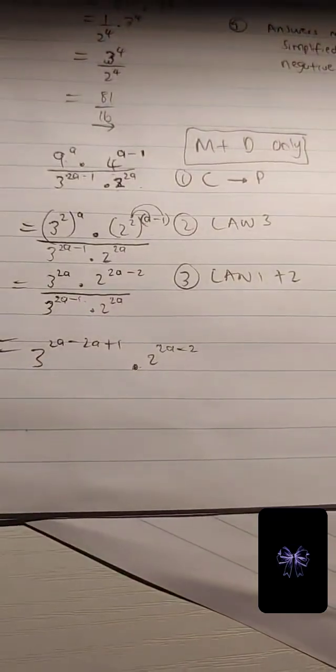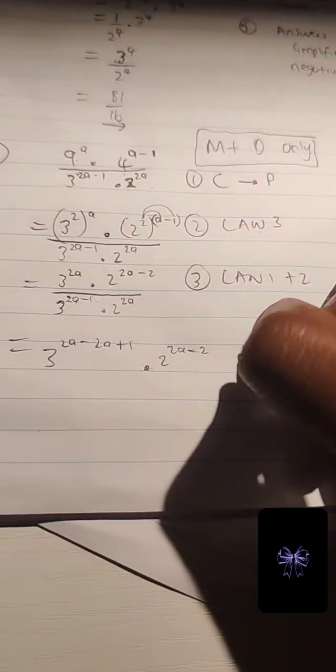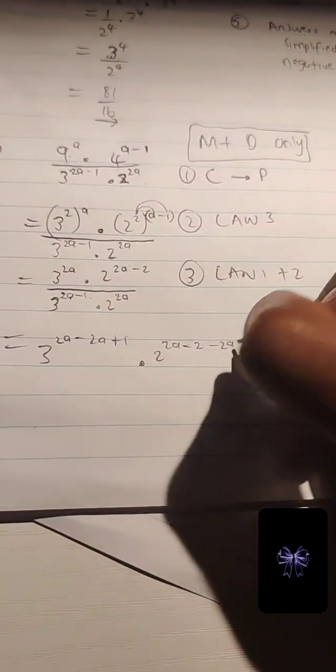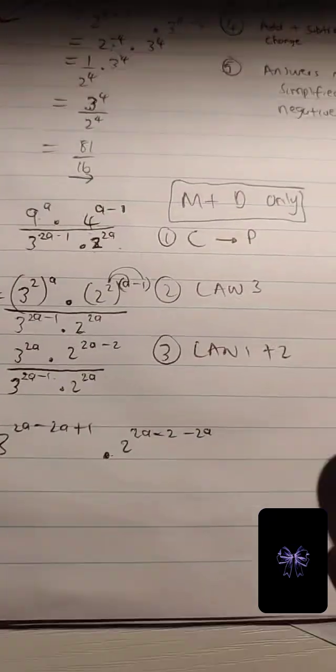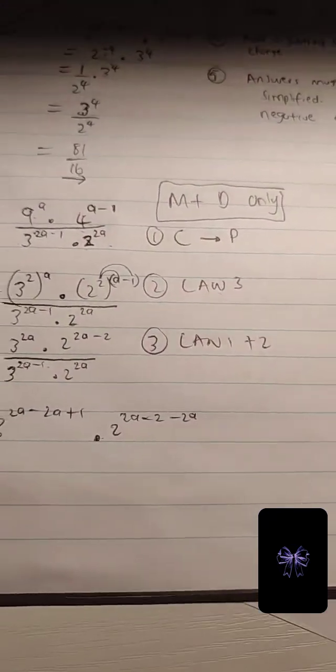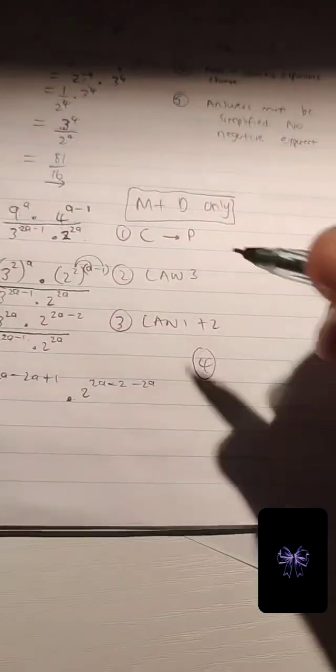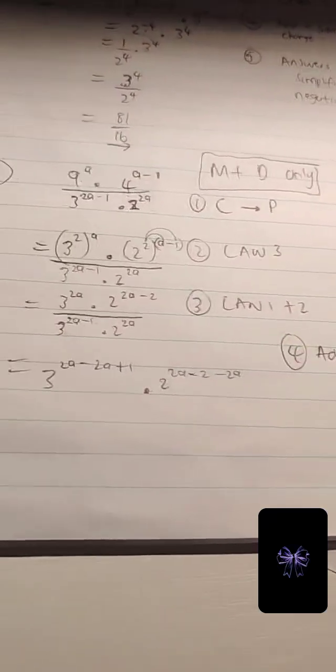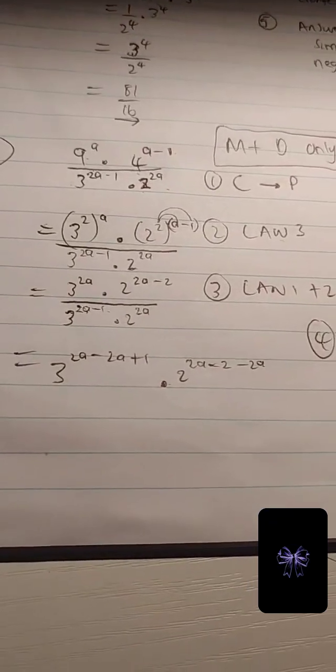Now then I would just say 2 to the exponent of 2a minus 2, minus 2a. There we go. Okay, so law number 1 and 2 has been successfully applied. Step number 4, we need to add and subtract our exponents. So now the like term stuff comes into play.